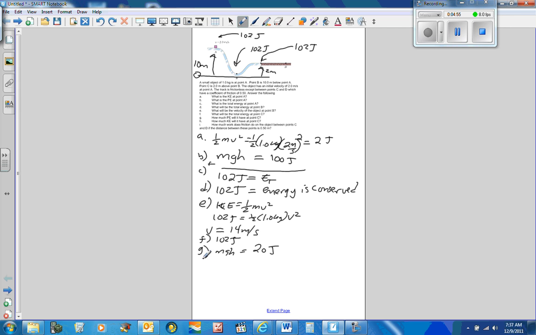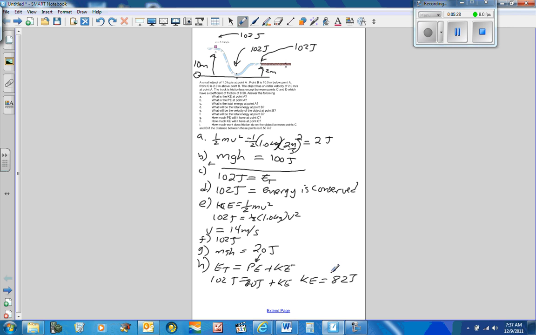E, F, G, this is H. We know that the total energy always equals the potential plus the kinetic. So if I know the potential is 20 and I know the total is 102, then I just subtract, right? This is 102 joules equals 20 joules plus kinetic energy. Then kinetic energy has to equal 82 because 82 plus 20 is 102.